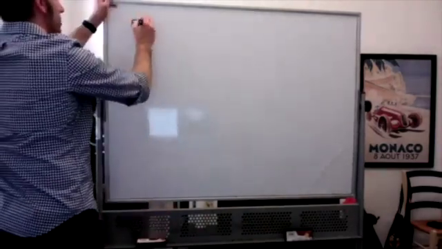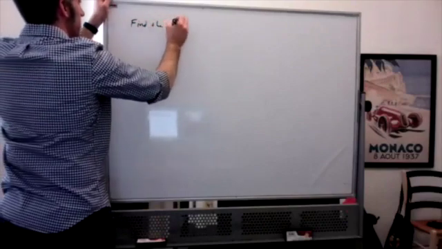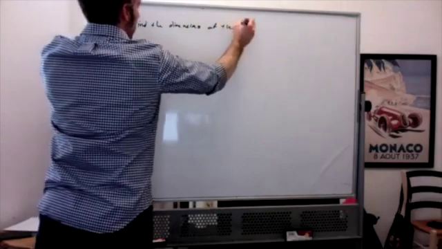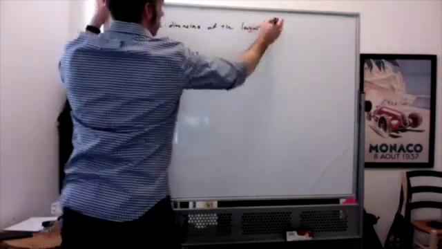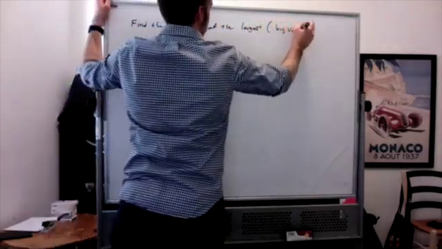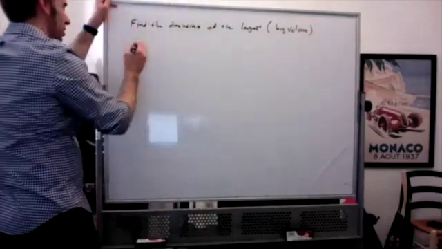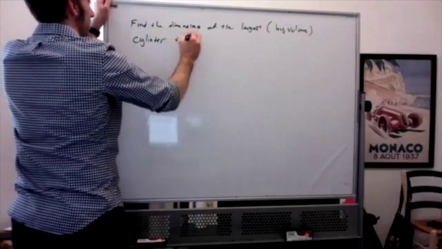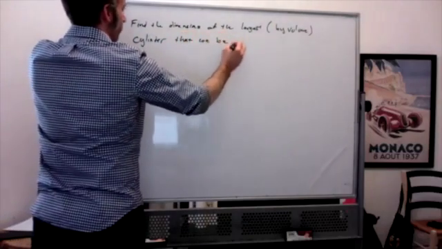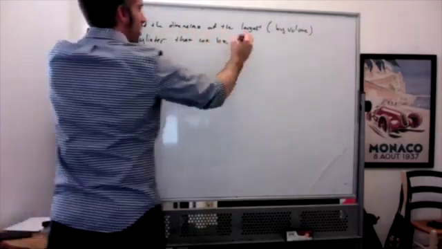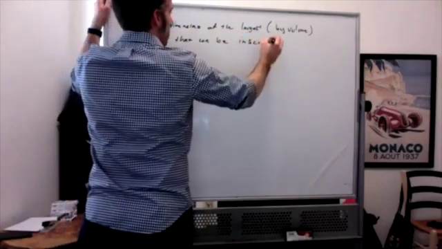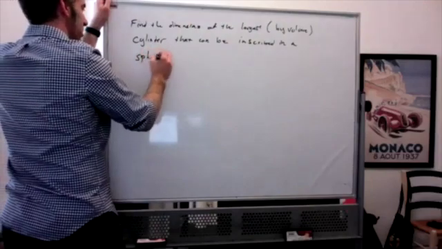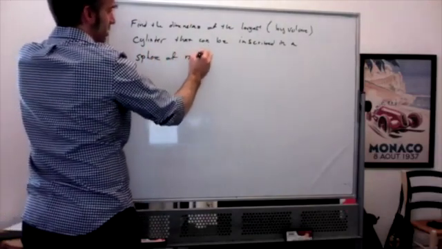Find the dimensions of the largest by volume cylinder that can be inscribed in a sphere of radius 6.